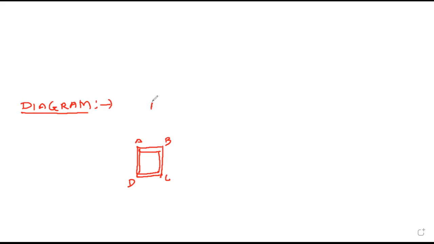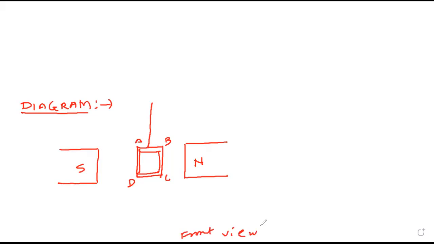It is suspended between the strong magnetic field produced by a horseshoe magnet N S. If I see from the front, then the curvature is not visible. We are able to see this line.